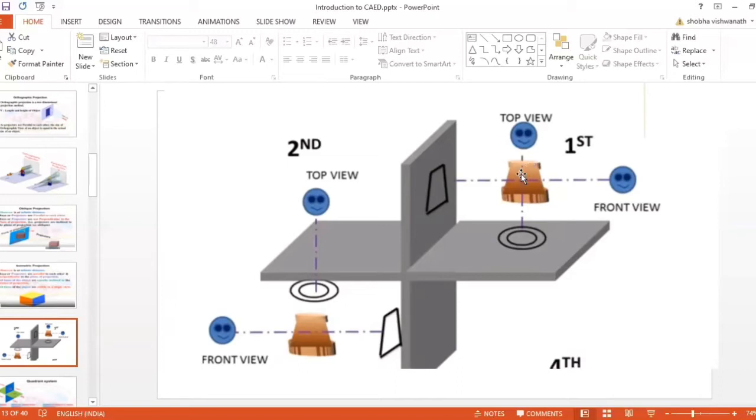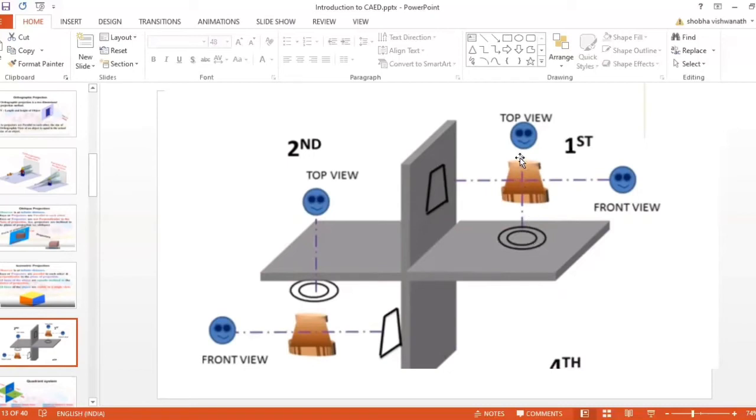In the first angle projection system, the object is in between the observer and the plane. Suppose you are drawing the front view: the observer will be here, and the object is in between the observer and the vertical plane. Now, when you are drawing the top view, the observer will be here, the object will be here, and you represent it on the horizontal plane.